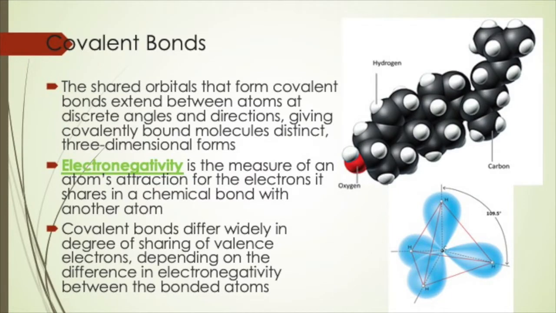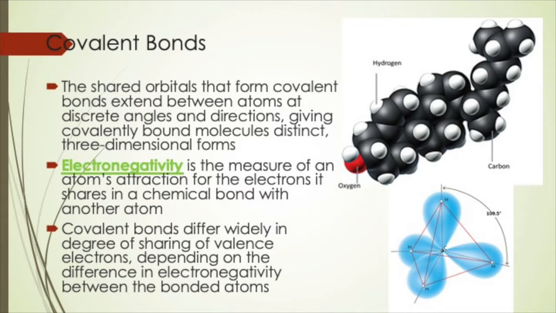The shared orbitals will form that bond, right, at discrete angles. So usually it'll be at an angle, and then there will be another angle, and then there'll be another angle. There'll be really distinct three-dimensional forms here. And you can see those three-dimensional forms with these molecules.